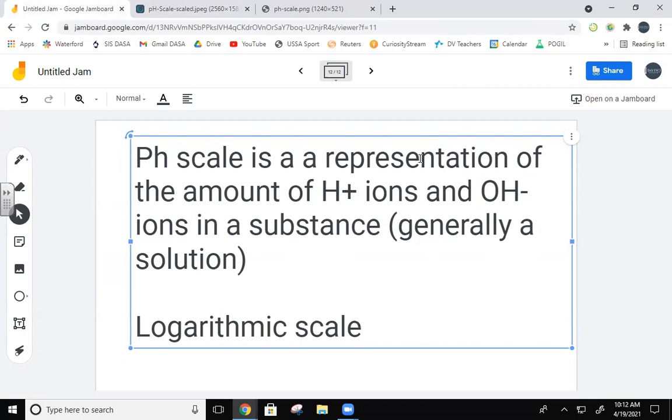No? So a logarithmic scale is a scale where each step takes us up by not a factor of 1, but a factor of 10. So for instance, let's look at this here. This scale does a pretty good job of demonstrating this.